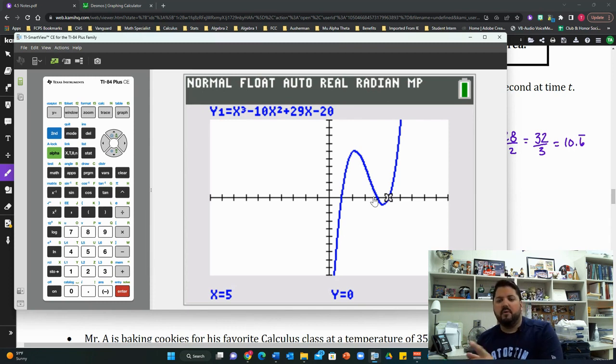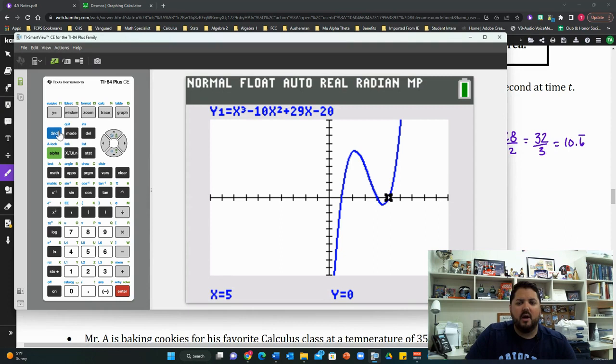But then from 4 to 5, we have negative velocity values, which means it came to a stop and then turned around and started going back to the left. So all of that distance that we backtracked on got canceled out when we look at displacement. So we did not account for that. That is where we have to use the absolute value function, okay?